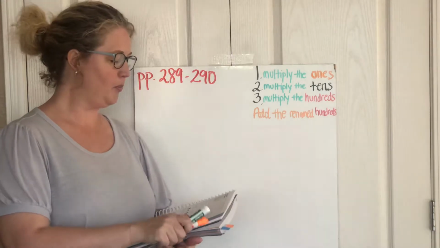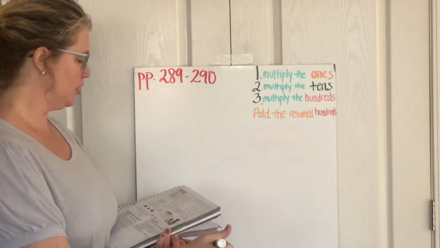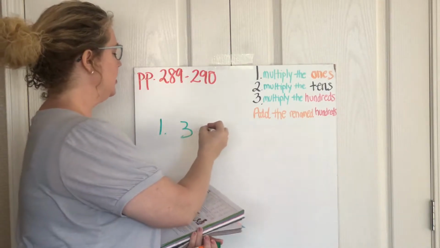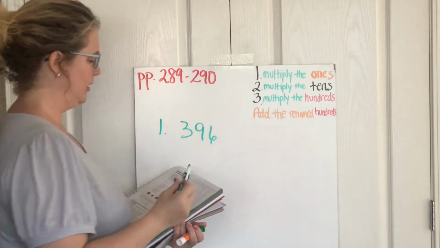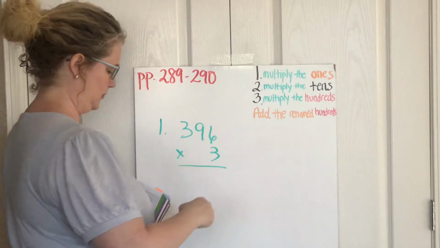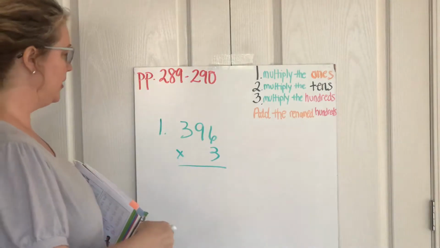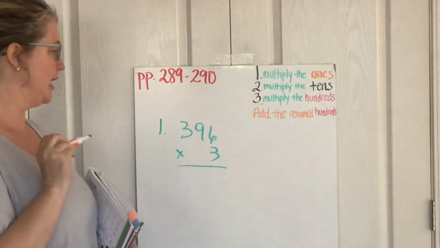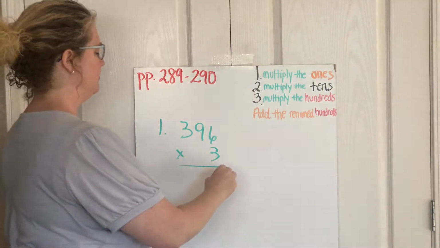Let's start with number 1. We'll do the front page together, just like last week. Number 1, 396 multiplied by 3. First step, multiply the ones. 3 times 6, I'm pausing to give you some thinking time, 18.